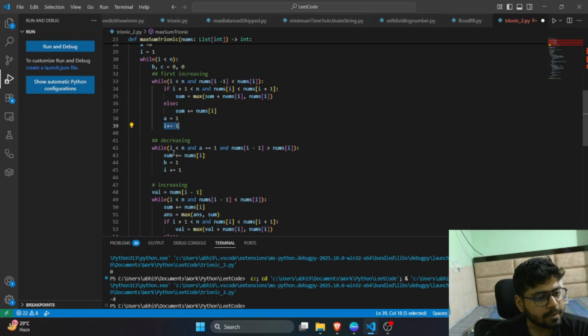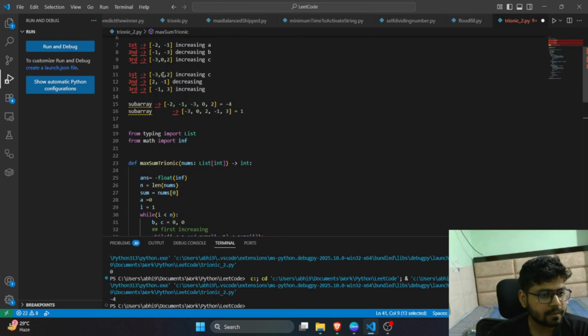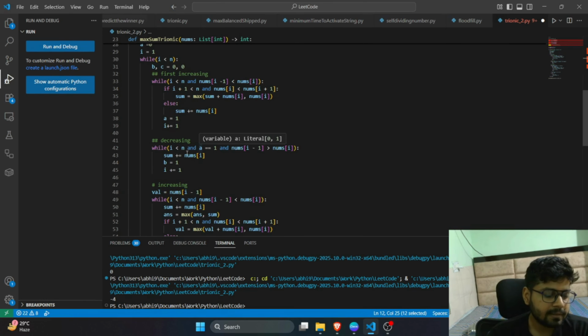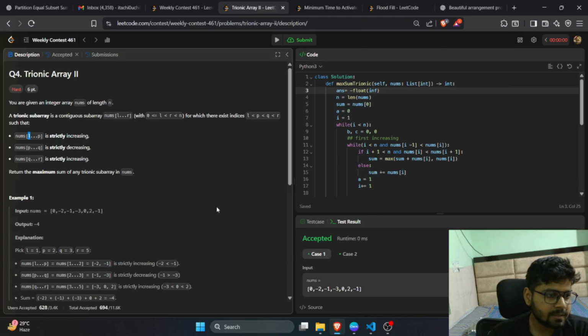After that, we have to take the decreasing subarray. And here we cannot manipulate any of the points, because it is in between the increasing and decreasing, so we cannot change p and q.